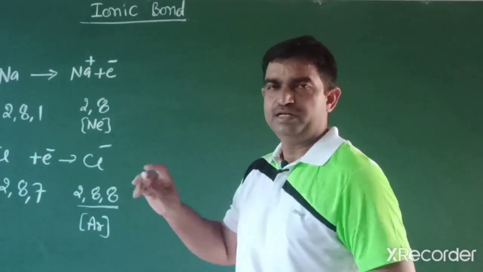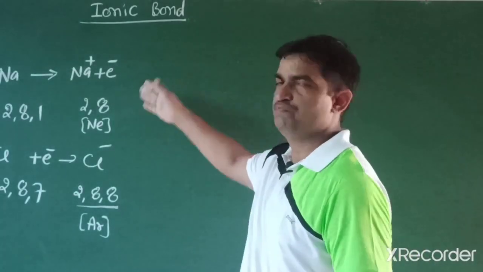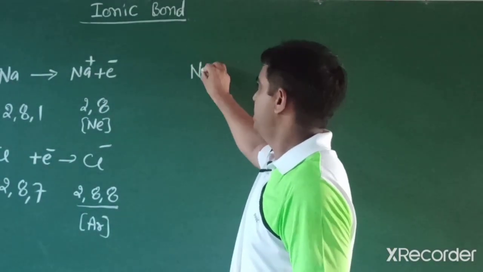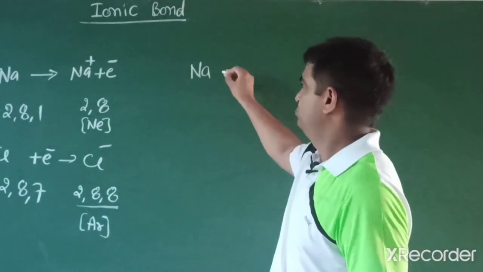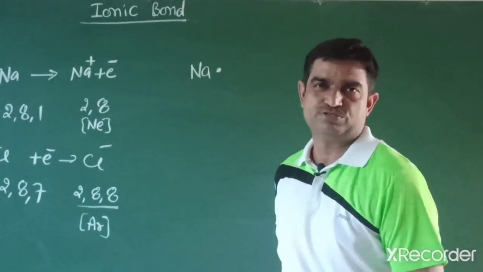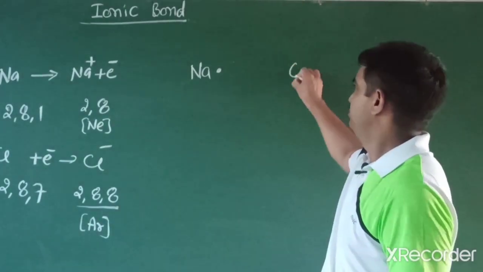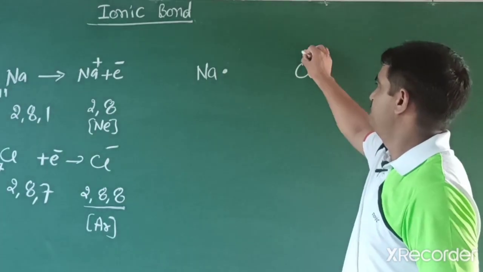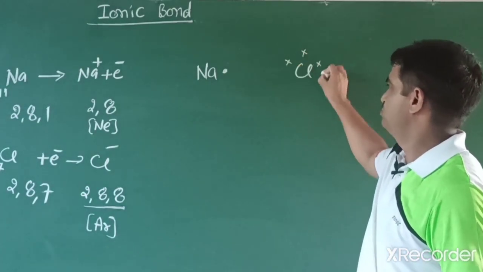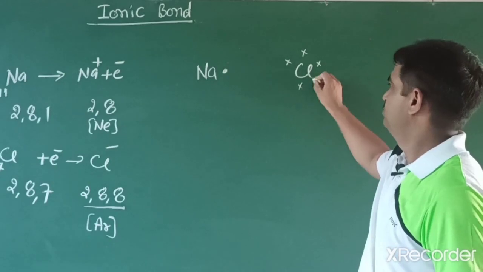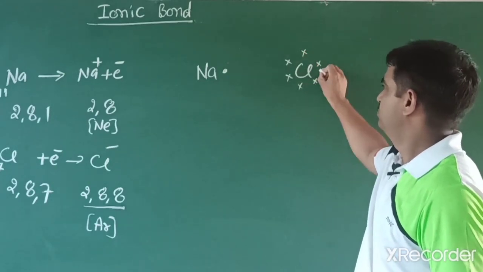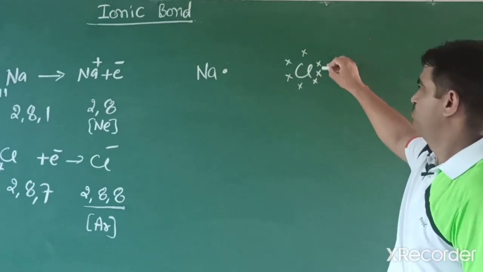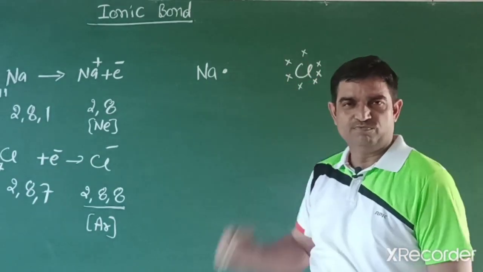Now we explain the electron dot structure of the compound sodium chloride, how it forms. So students, the sodium last shell has only one electron, so that electron is represented by a dot. And the chlorine last shell has 7 electrons, so those 7 electrons can be represented by crosses like this. So a total of 7 electrons in the last shell, and sodium 1.